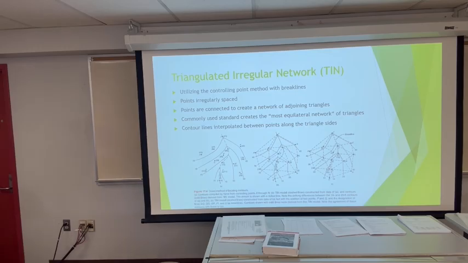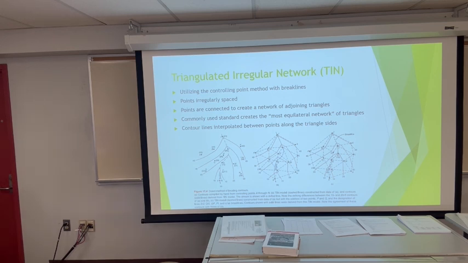The contours shown with solid lines were derived from this TIN model. Something very important that I want to point out here with this. When you have break lines, your TIN will not cross that break line. The break line will always be an edge of one of your triangles, okay?